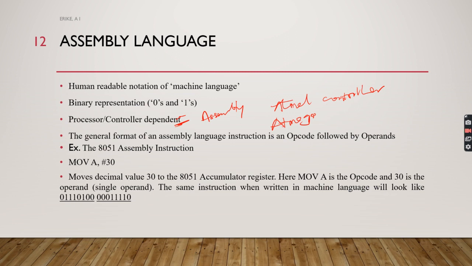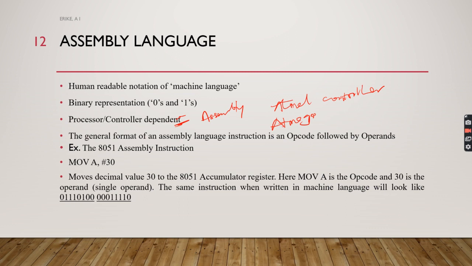The general format of an assembly language instruction is that there is going to be an opcode followed by the operands. The opcode tells the processor or controller what to do, and the operands provide the data.